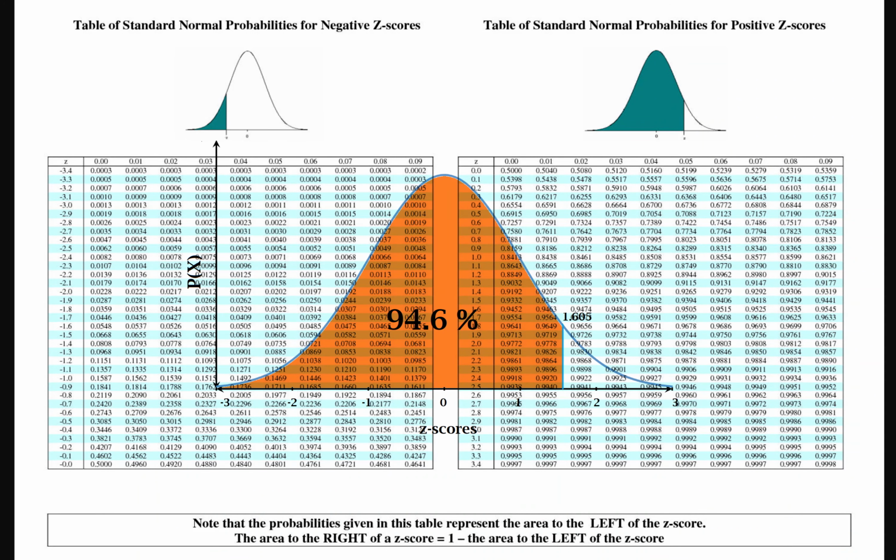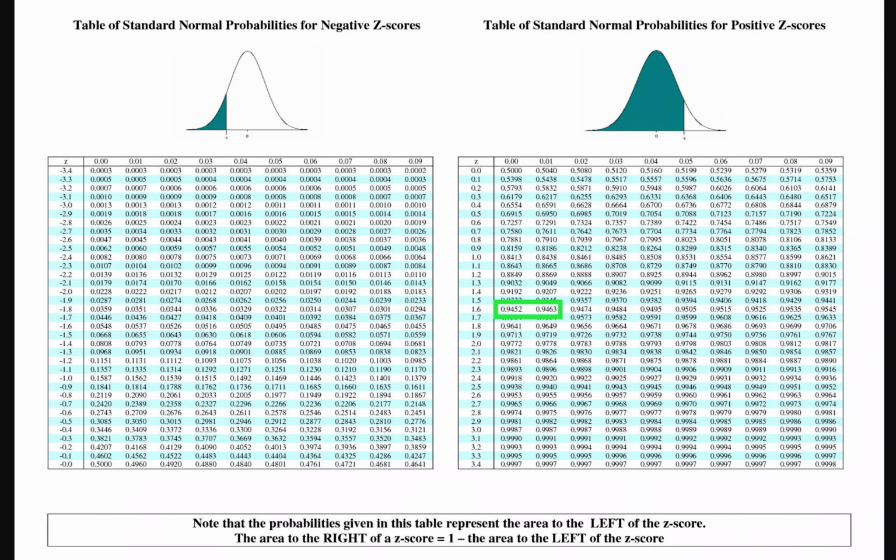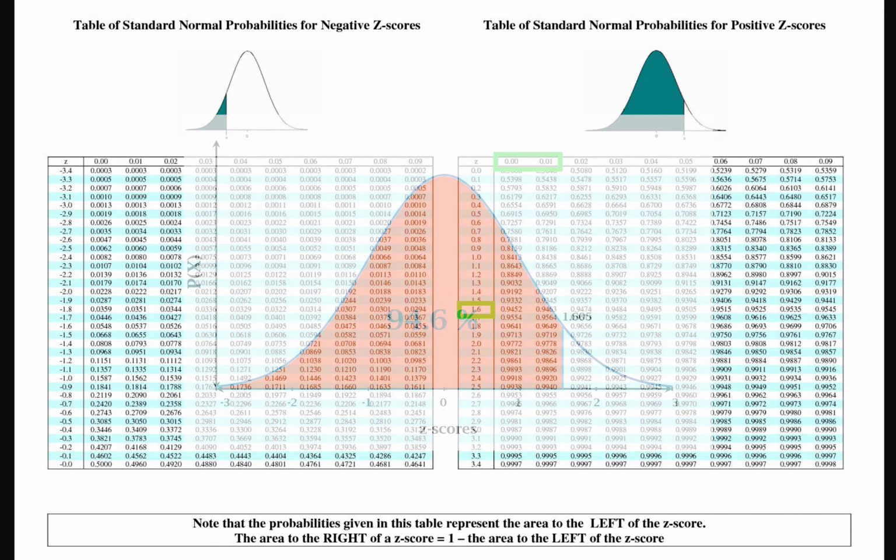If I want to find the z-score associated with an area of 94.6% to the left of my z-score, I search my z-chart, but the closest I can get is 0.9452 and 0.9463, which have a z-score of 1.6 and 1.61 respectively. So what I do in this case is take the average of the z-scores.